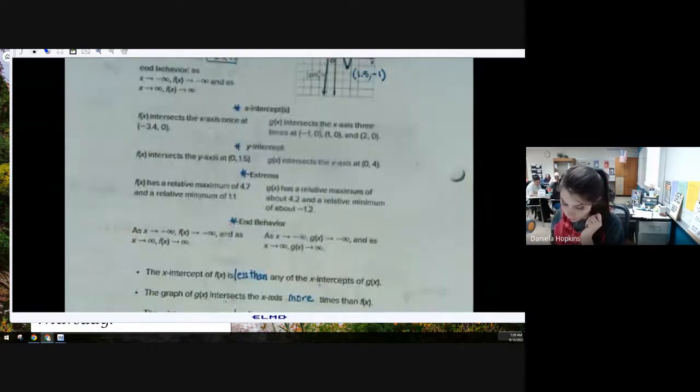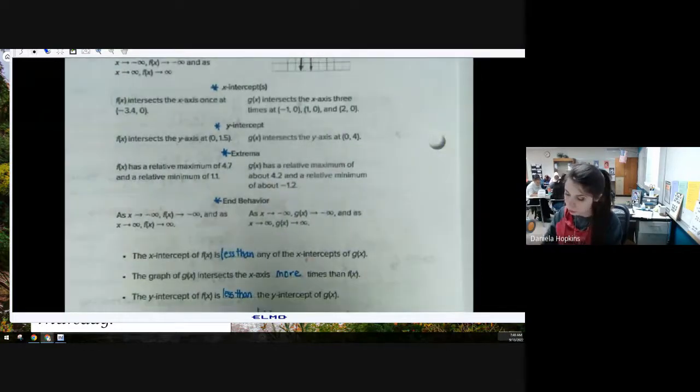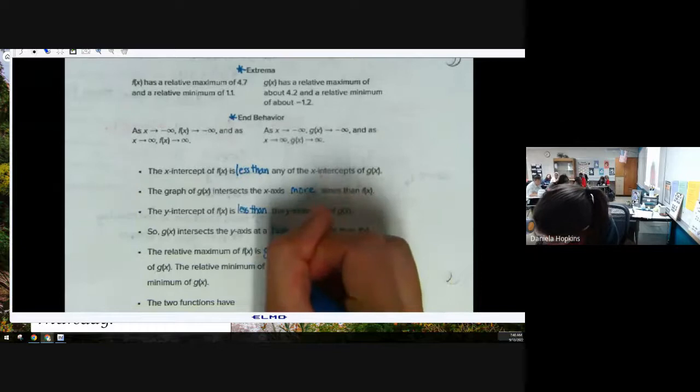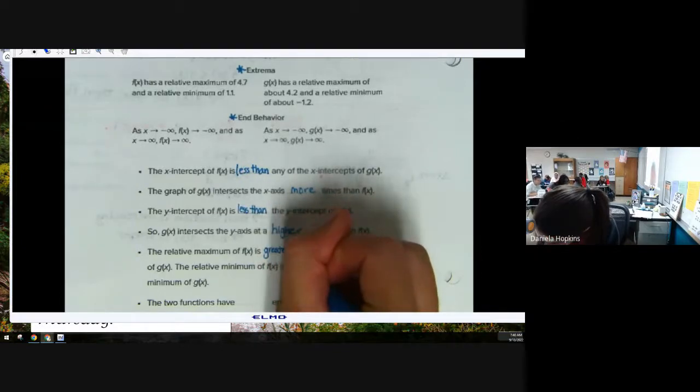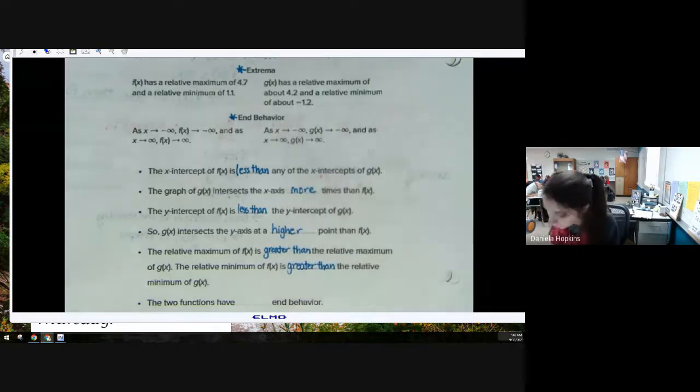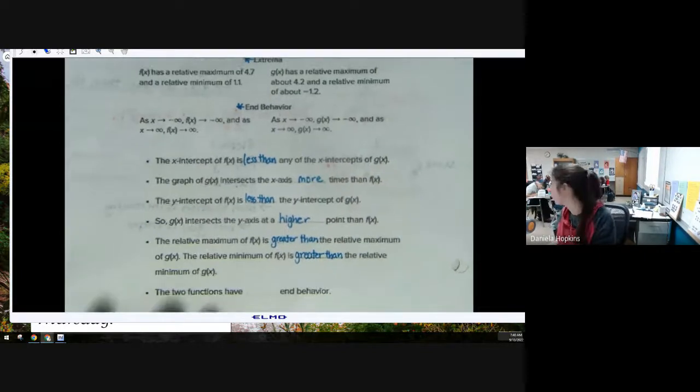So the relative minimum of f of x, again looking at the y value, 1.1 is bigger than negative 1. So the relative minimum of f of x is greater than the relative minimum of g of x, because again, we're comparing how high they are. That's why we're just looking at the y part.